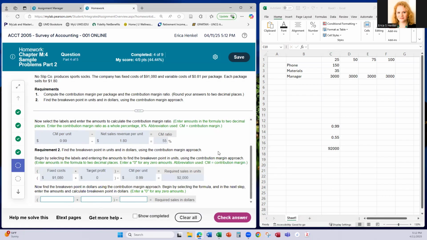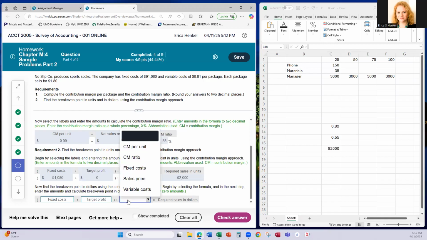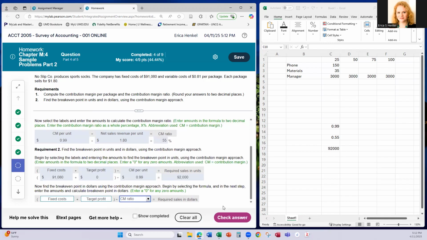All right, and then they're asking us to find the break-even point in dollars. So we are taking our fixed costs here, plus our target profit, divided by our contribution margin ratio to get the required sales in dollars.